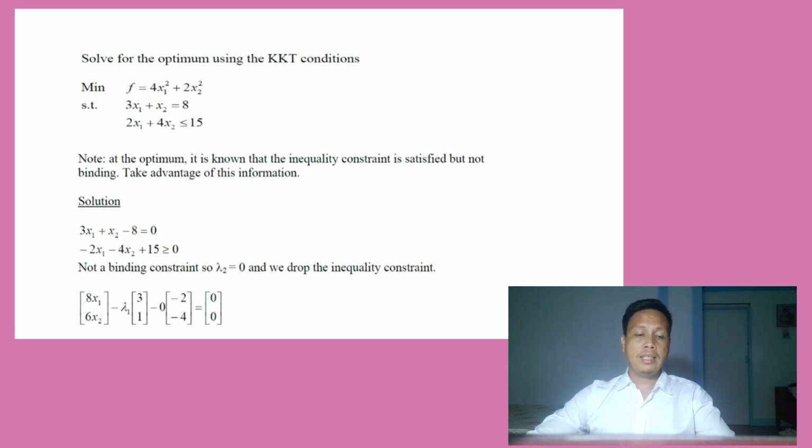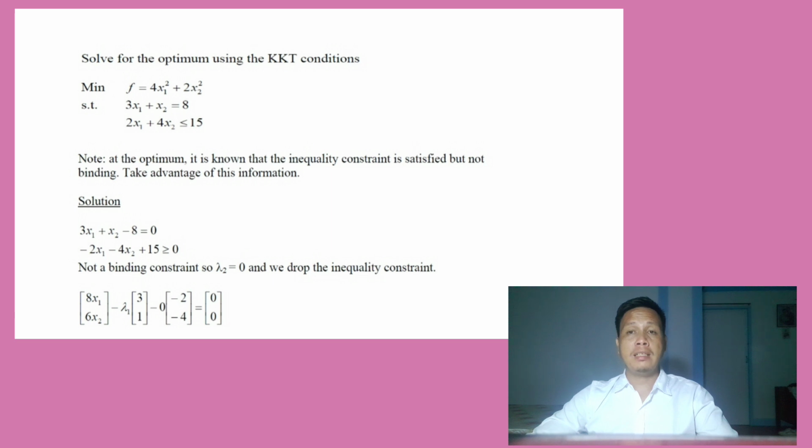So we directly write the equation: 8x sub 1 minus lambda 1 times 3 minus 0, because lambda 2 is 0, times negative 2 equal to 0. 6x sub 2 minus lambda 1 times 1 minus 0 times negative 4 equal to 0.